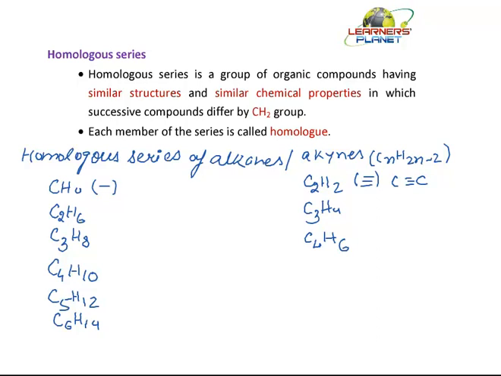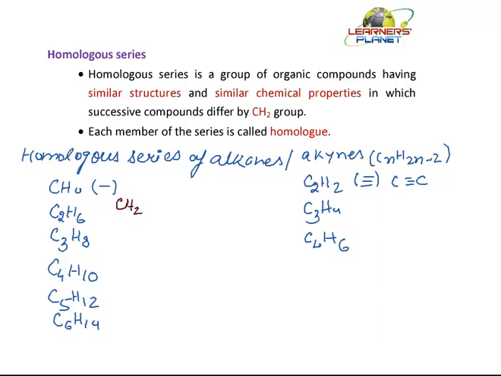Now in this they differ because every member has one or more additional atoms. If I check CH4 and C2H6, what are they differing by, students? They are differing by a CH2 group. So the difference between successive compounds is CH2.